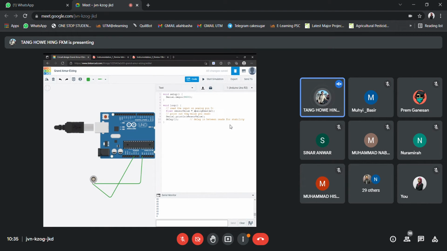Sensor value will be equal to analog A0 and then divide by 255, because there is a maximum value, and then I multiply by 5.0 volt.